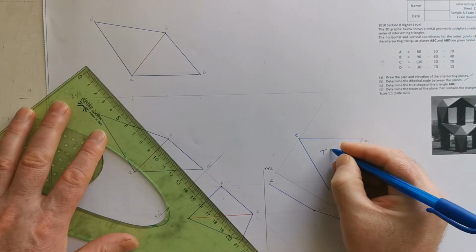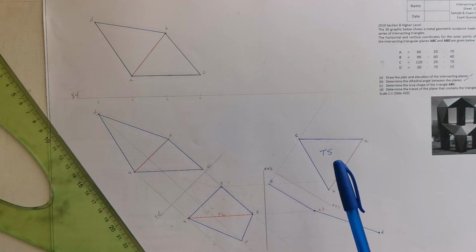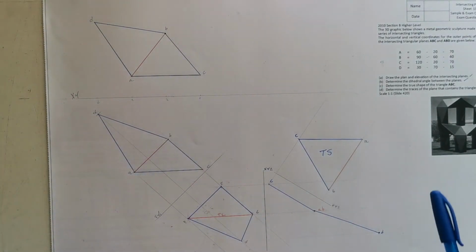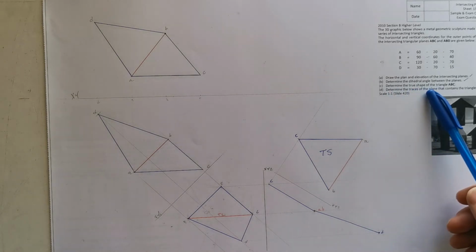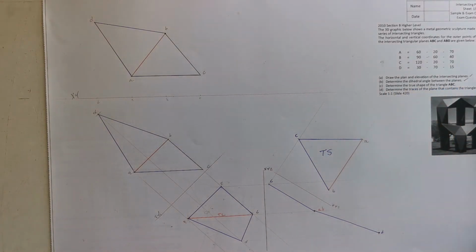I'm just going to put TS for true shape on that. So that's the true shape of ABC. And the next thing I wanted then was the traces of the plane that contains ABC.